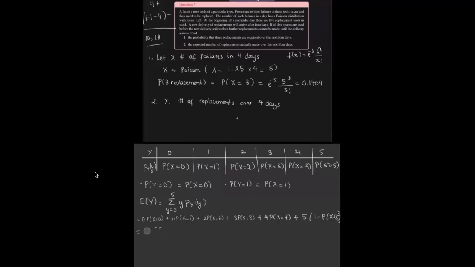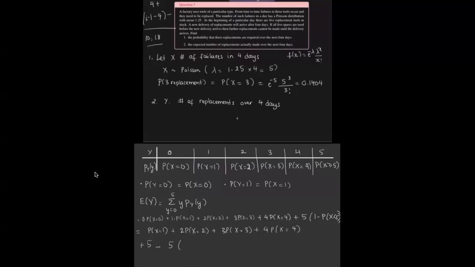Zero multiplied with something is just 0, so I ignore it. And then I have plus 5, and then I have minus 5.